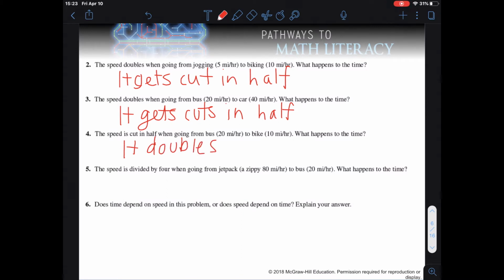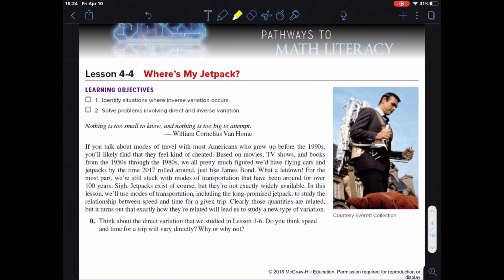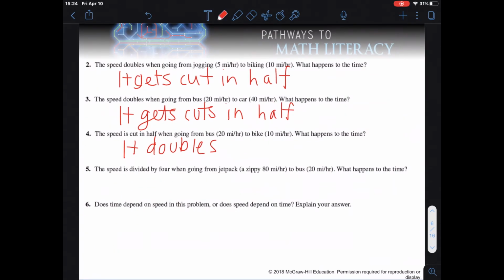If the speed is divided by 4, so if we look at the jetpack, and you divide the 80 miles per hour by 4, it's 20 miles per hour. The time it takes is going to get multiplied by 4.